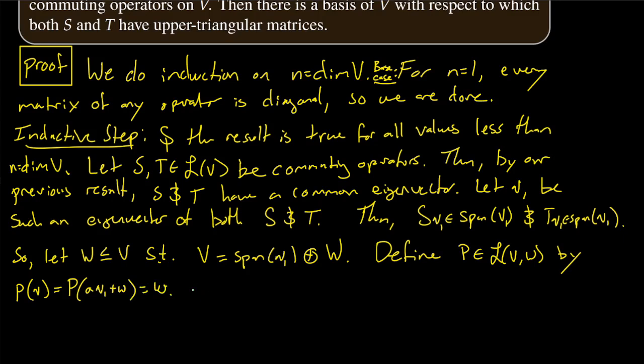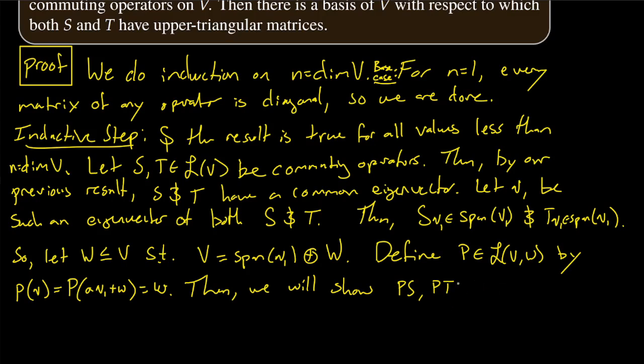All right, then we will show the following. So here's what we're going to do. We're going to take PS and PT, which notice are now linear maps on W. Or I guess we could say that they are. We should be a little bit careful here, I guess.